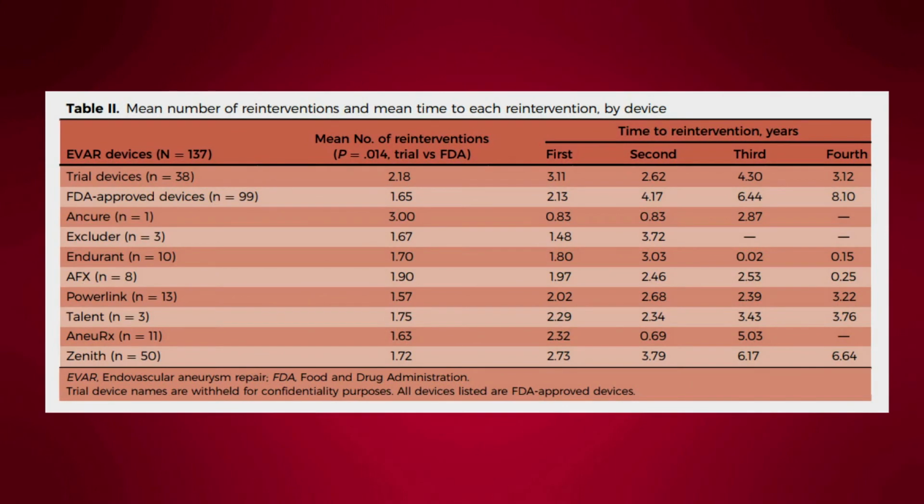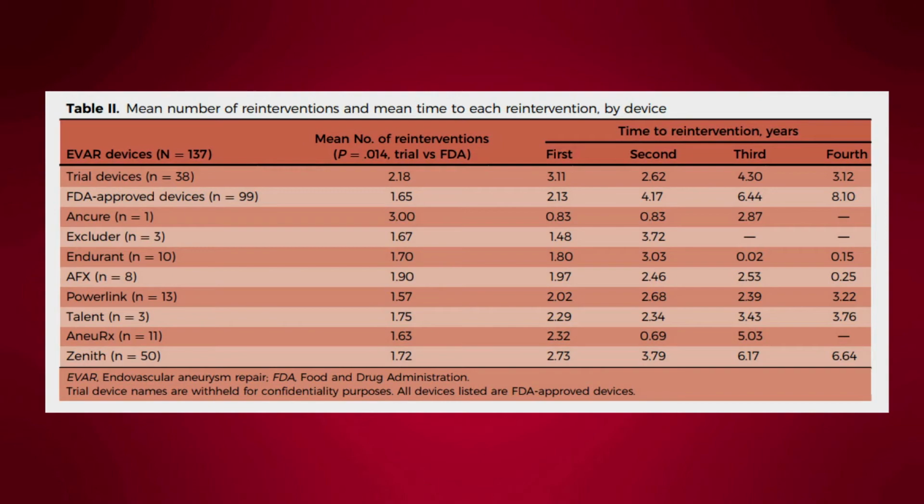This was a retrospective study from 2000 to 2016. At a median follow-up of 5 years, the overall survival was 70%, and the overall reintervention rate was 7.5%. FDA-approved devices were intervened on at a rate of 6.4%, while devices in trials had a 14.4% reintervention rate.